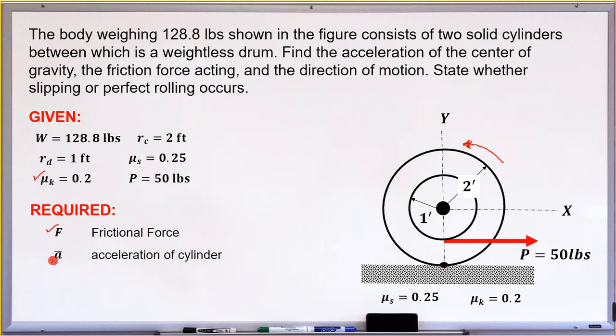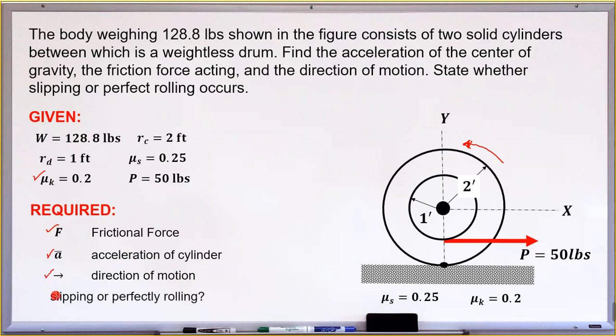And then we also have the acceleration of these two solid cylinders, represented by this A bar. And then the third one is the direction of motion. So where do these two cylinders roll? Either it will roll towards the right or towards the left.